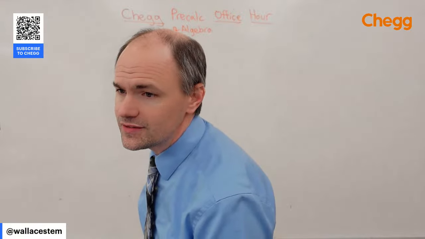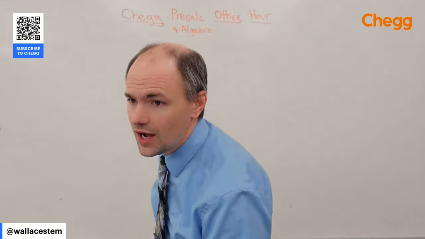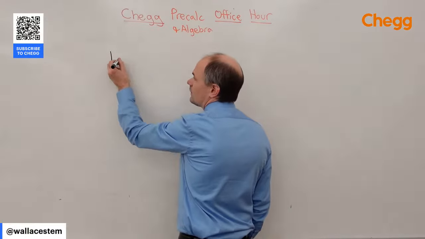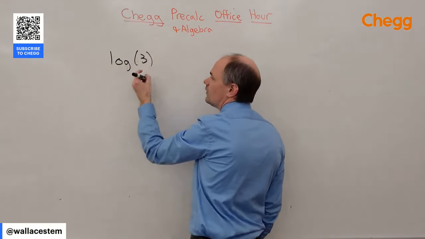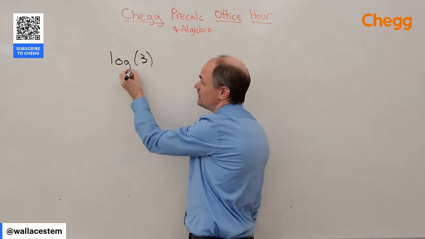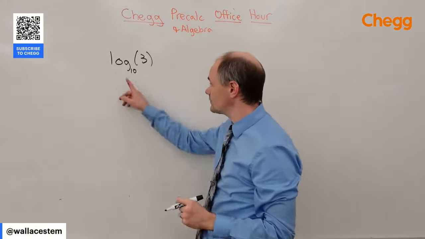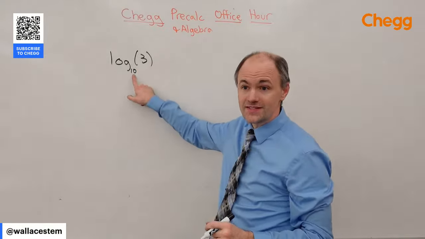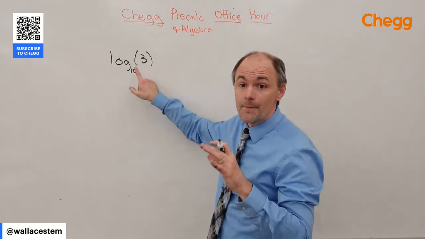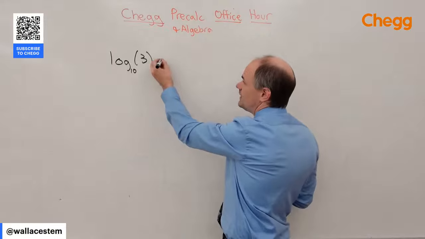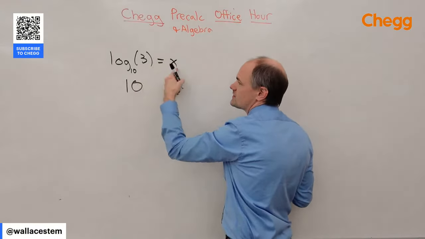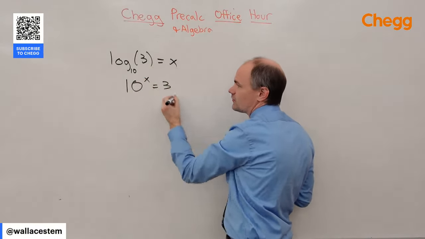So log 3 is equal to 10. Are you asking what the base is? Because here the base is 10 if it's not written. So Drew was asking about does log 3 mean base 10? It's not equal to 10, the base is 10. What we're saying is 10 to some exponent is equal to 3.